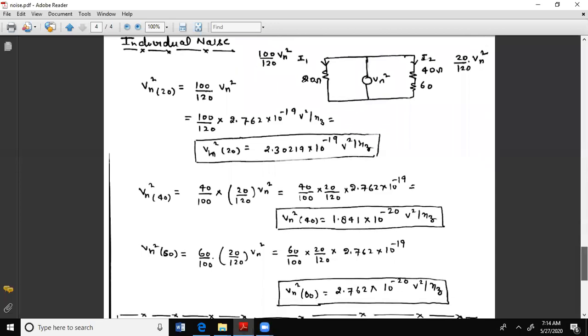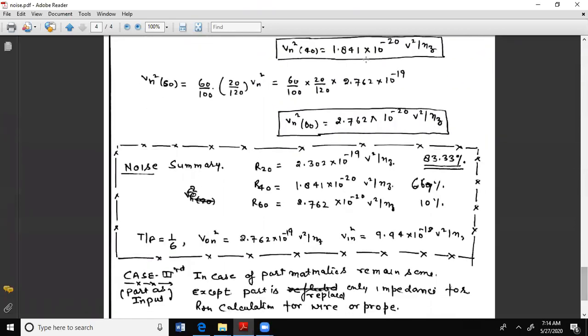Now see the summary of the result. The noise due to the 20 ohm is equivalent to this term. The noise due to the 40 ohm is equivalent to this term, and the noise due to the 60 ohm is equivalent to 2.67, this term.